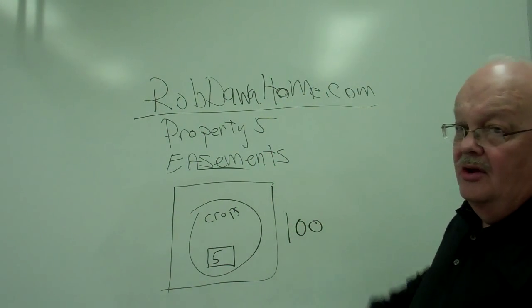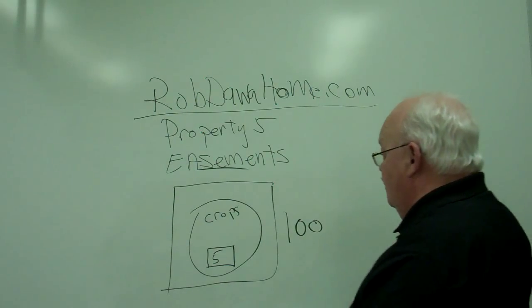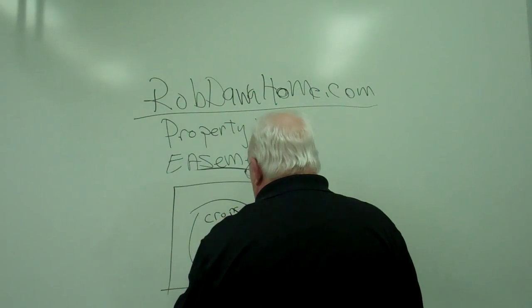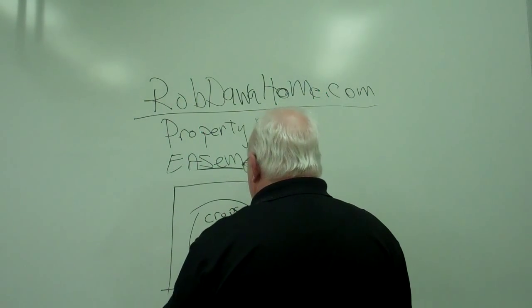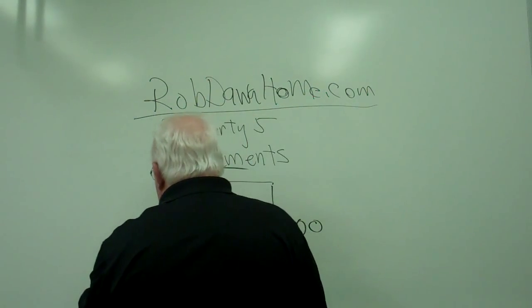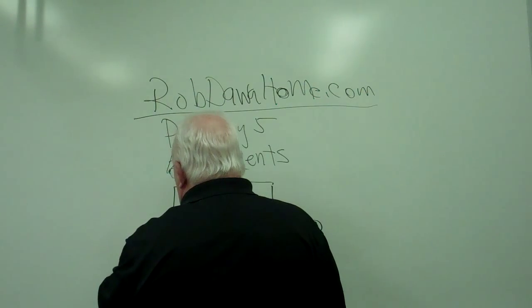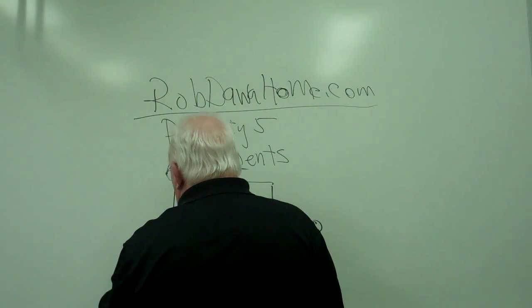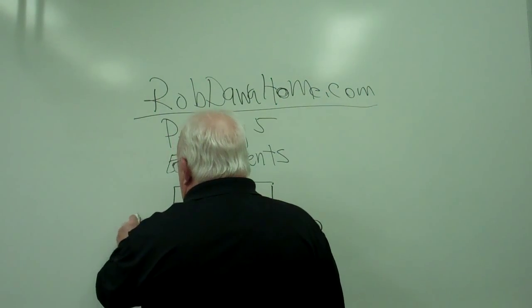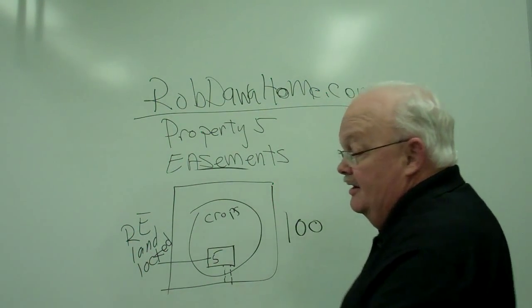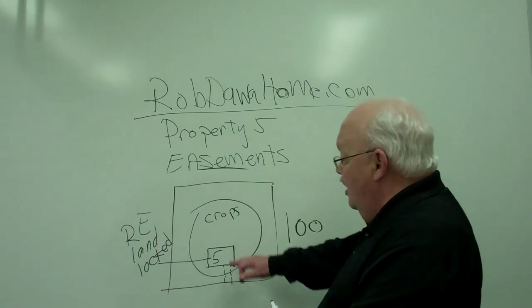Now, how's that guy going to get his car out to go to work? So somehow they've got to work out some kind of an agreement that there is an easement, because this is what we call landlocked. Any landlocked real estate has to have some kind of an easement so they can get onto their land.